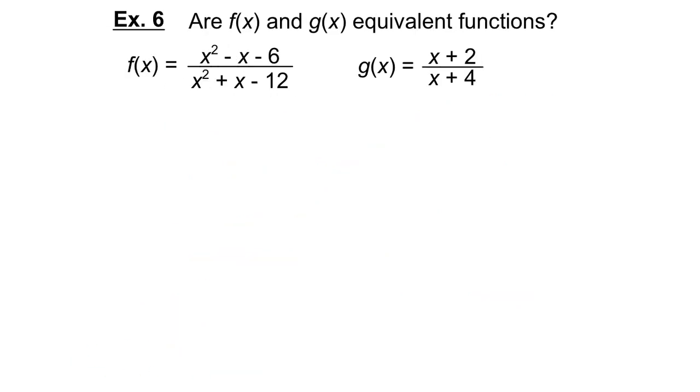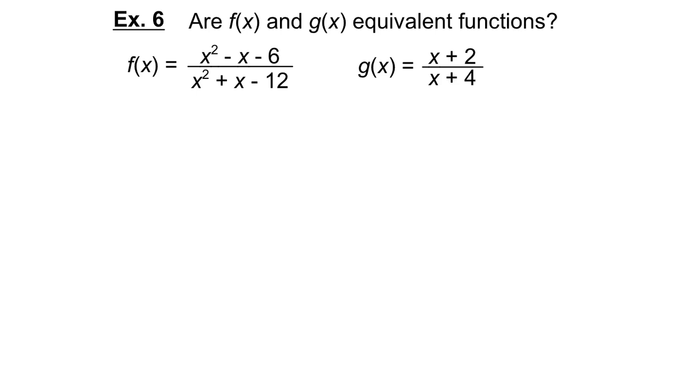Now this next and final example combines the previous lesson with this lesson. So in the previous lesson, we learned how to determine if two functions are equivalent. The way we did that was we subtracted one from the other. And if the answer was 0, then we knew that they were equivalent functions.